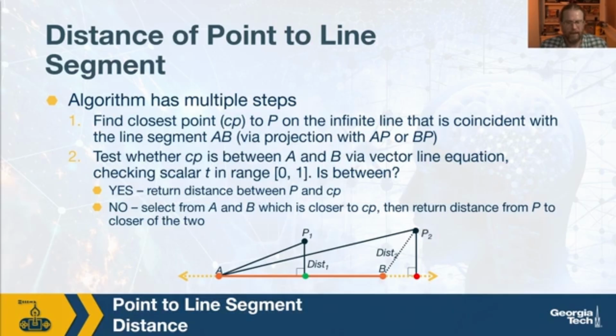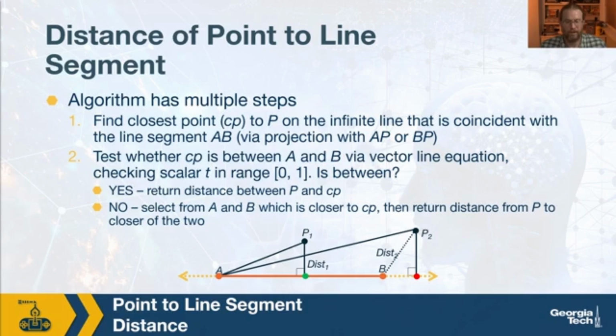Now, if it's an infinite line, it could drop well beyond the endpoints of our line segment. So that wouldn't be the correct point to be measuring our distance from. So the next phase is we want to see, if we did the projection and found the closest point on the infinite line, is that point between the endpoints of our line segment? If that's the case, then we would measure the distance from the projected point.